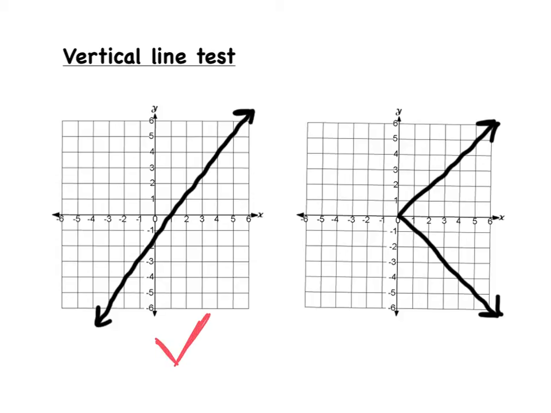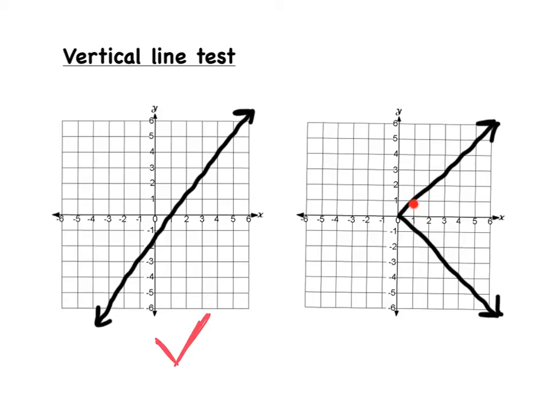Now let's look at the second graph. If we're drawing a straight line on the far left side of the graph, we're not going to be hitting the line whatsoever. But let's draw the line directly on the y-axis. It looks like we're hitting the line in one spot. If we draw the line one spot over, it looks like we are hitting the line at two spots, at 1, -1 and 1, 1.